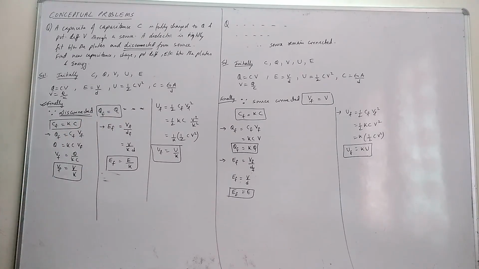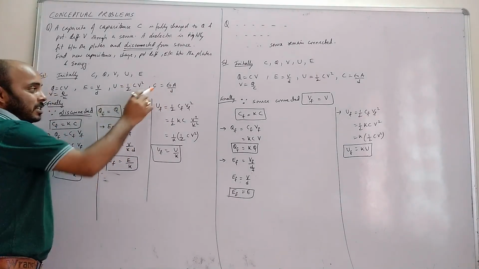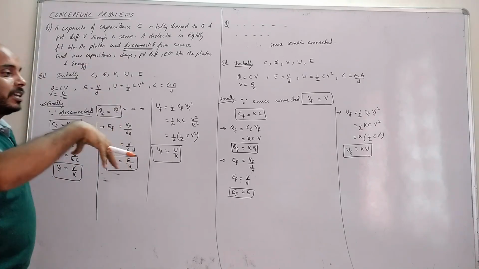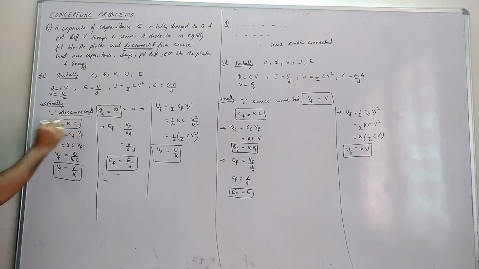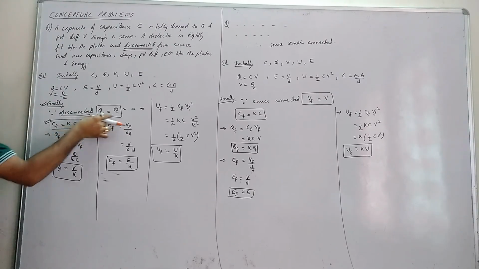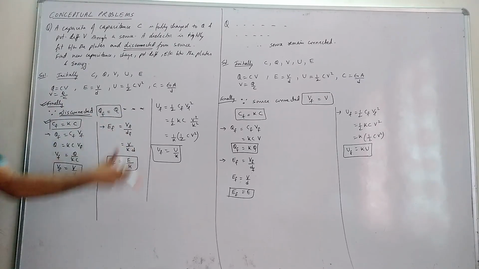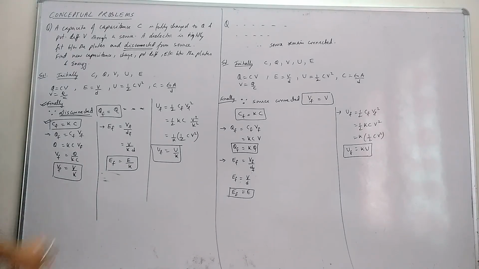Next, we have studied that the capacitance is epsilon naught A by d. If you put a dielectric, it becomes K times epsilon naught A by d. That is, the capacitance becomes KC. So only you have to remember these two, and the rest will come automatically using the formulas. So Q final is Q. Why?